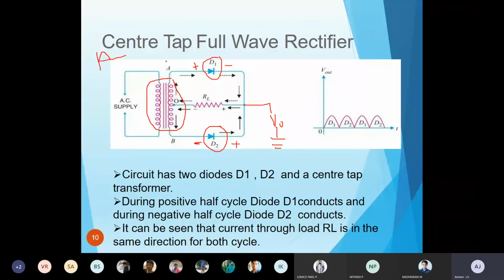If you take the positive half cycle, D1 will be conductive. Is it right or not? D1 will be conductive, so I am getting the output voltage from D1. During the positive cycle, is D2 in forward bias or reverse bias?